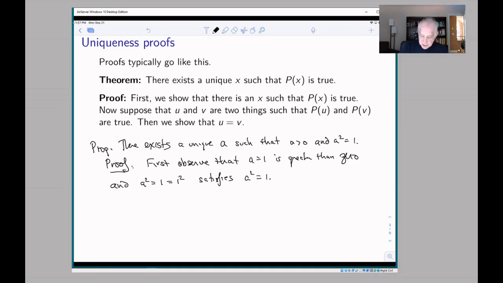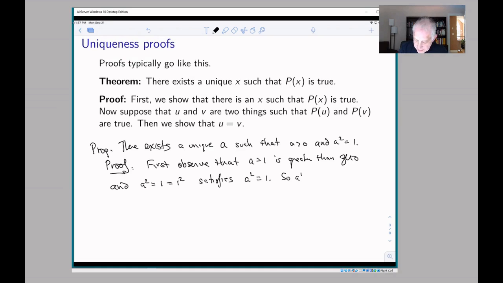So therefore we've shown that at least one a with the desired property exists, namely 1. But now we have to show it's the only one.